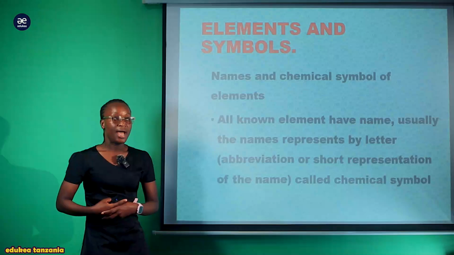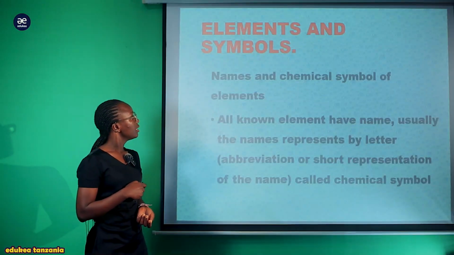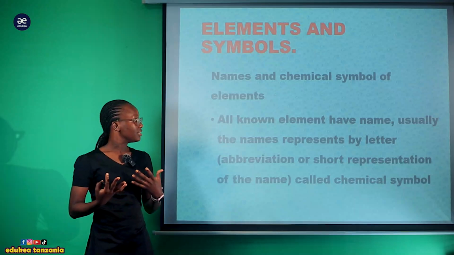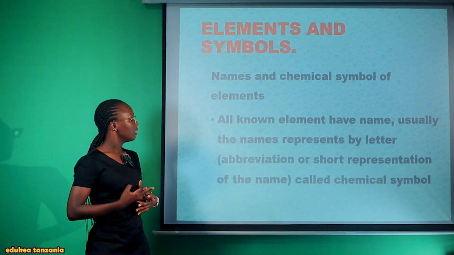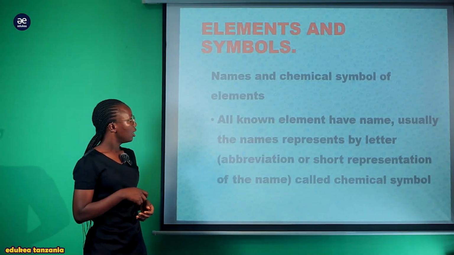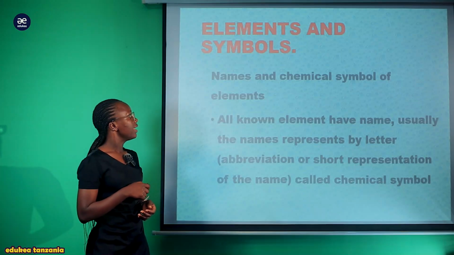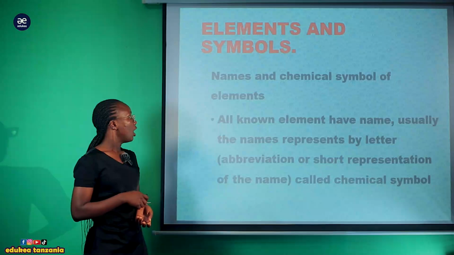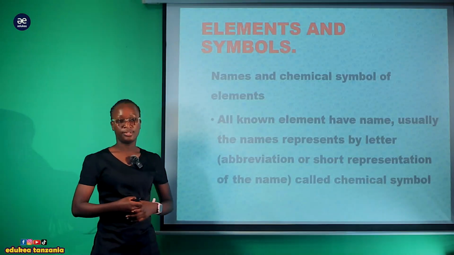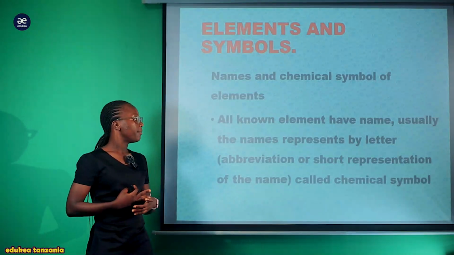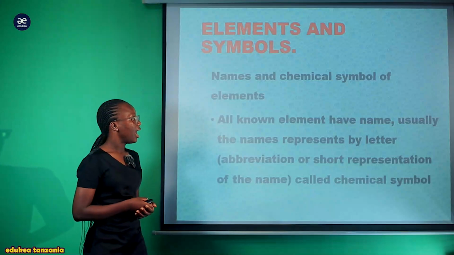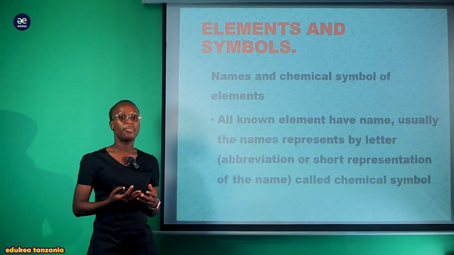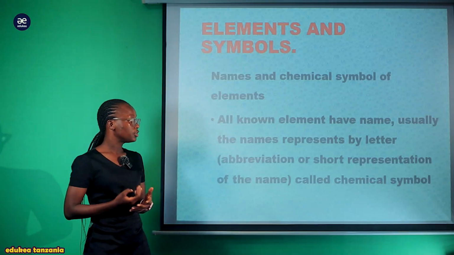Now, the names and the chemical symbols of elements. Here all known elements have names, kwamba zile elements zote ambazo zinajulikana zina majina yake, and usually the names are represented by letters or abbreviations or a short representation of names.